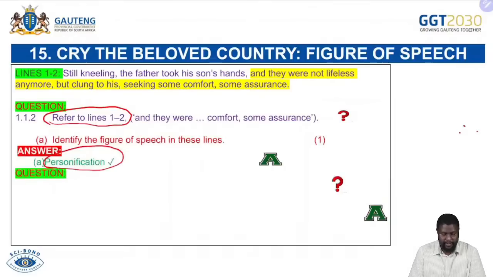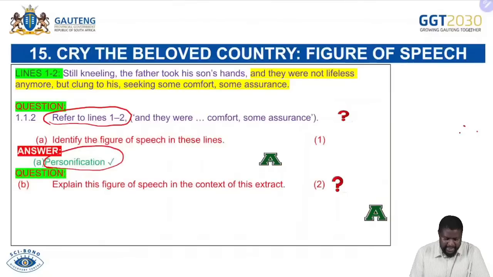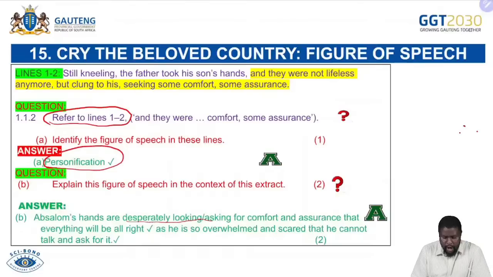Now, the second part of the answer is explain this figure of speech in the context of the extract. So in this extract, what does this figure of speech mean? Here's our possible response. It means that Absalom's hands are desperately looking or asking. Remember personification: giving human qualities to non-living objects, so things that are not human, they're not persons. But we give them what? Human attributes.